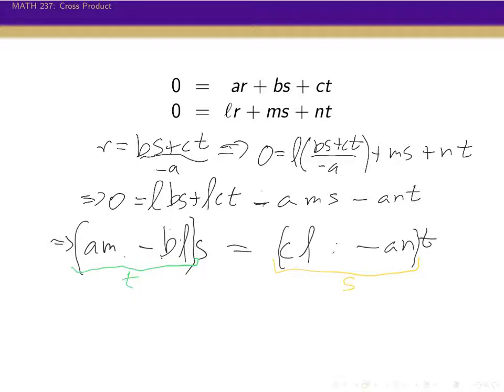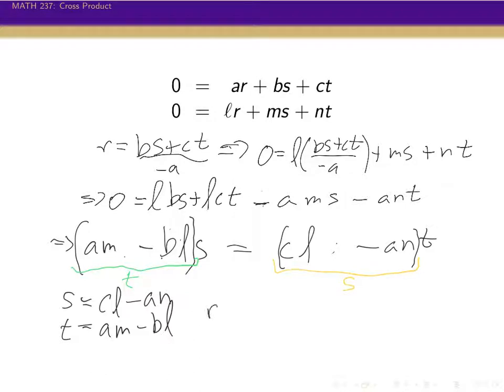So let's write down how we're doing this. S is equal to CL minus AN. T is equal to AM minus BL. So let's go back to what R then would be.